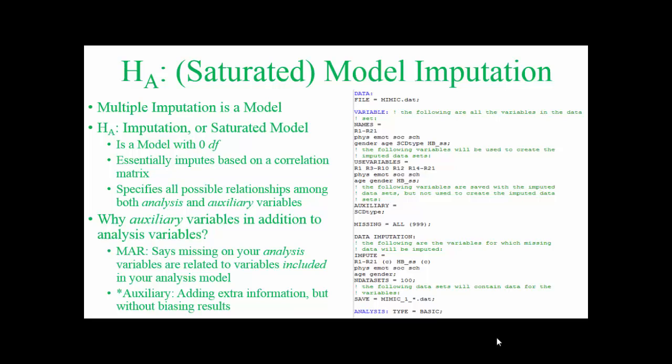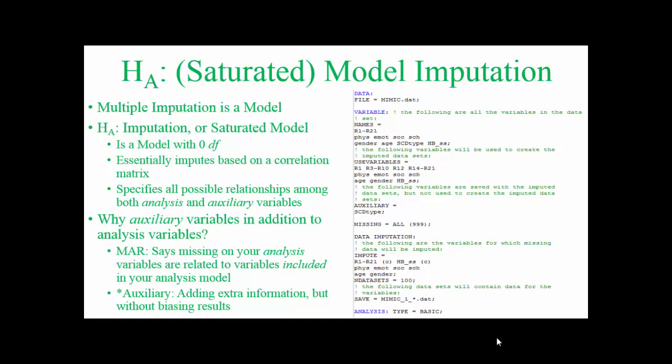So here's the key right here, the data imputation command. And what I want to direct your attention to specifically is that C in parentheses. That's how you let Mplus know the scale of your variable, and in this case it's a 3-category or categorical response variable. So a C placed in parentheses after your variables or variable list tells Mplus, okay, all these R's are categorical and hemoglobin type SS is categorical, or more specifically binary, but notice how Peds QL, age, and gender don't have a C after them.